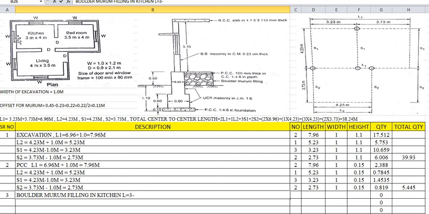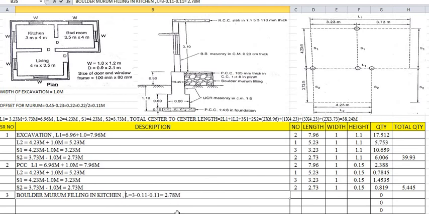So it will be 3 minus 0.11 and again minus 0.11, the same as 3 minus 0.22, that will be 2.78. So 2.78 is the length of the kitchen for the murum filling.